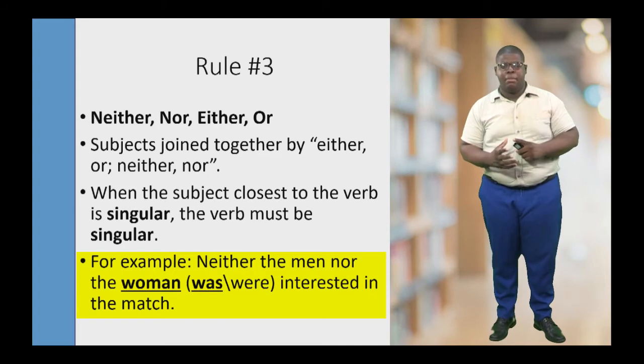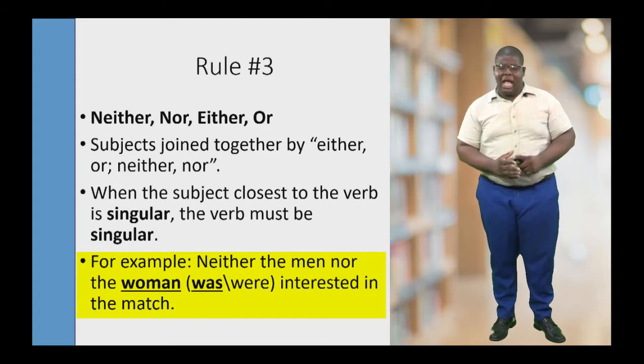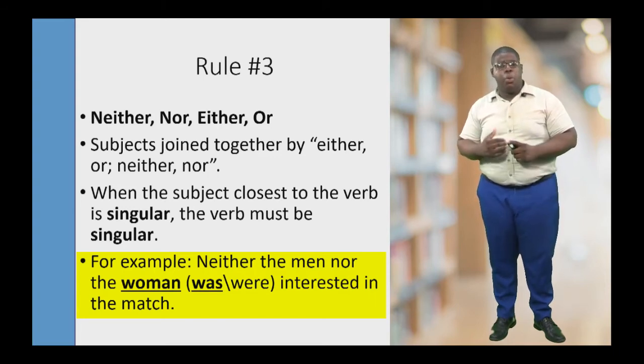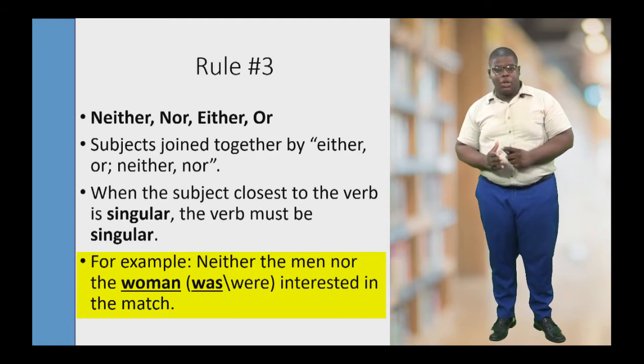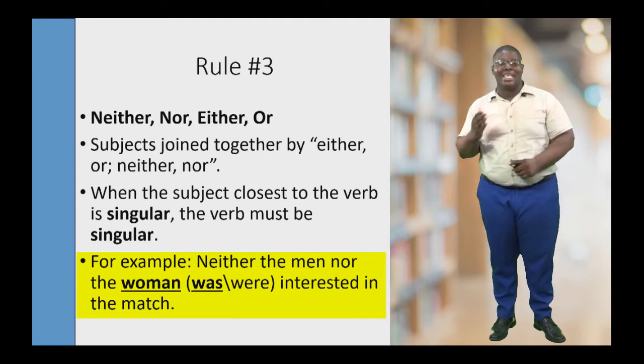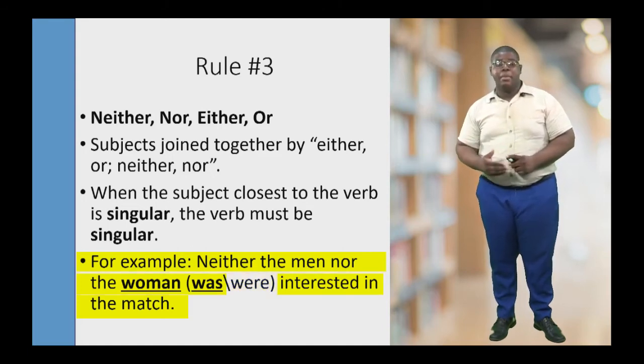We have men being plural, and then the second subject, woman, being singular. Because the word woman is closest to the verb, the verb becomes singular. So we select the word was. It reads, neither the men nor the women was interested in the match.